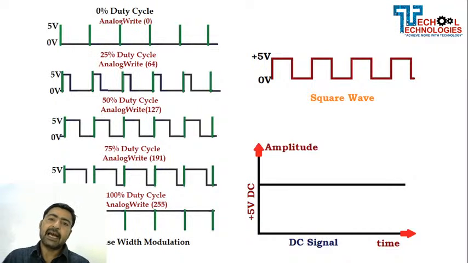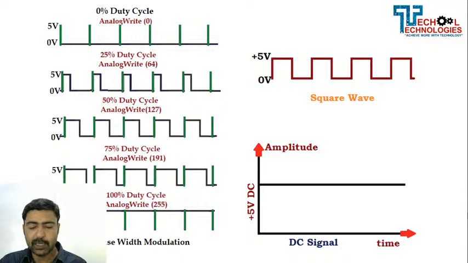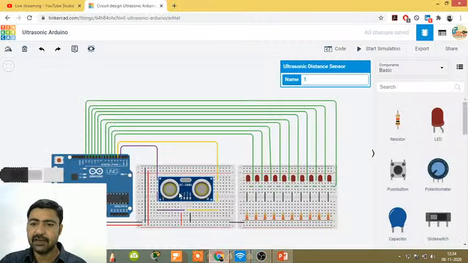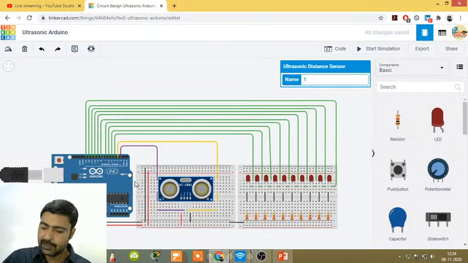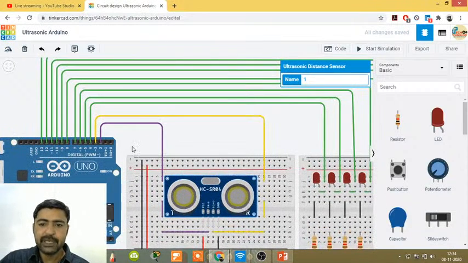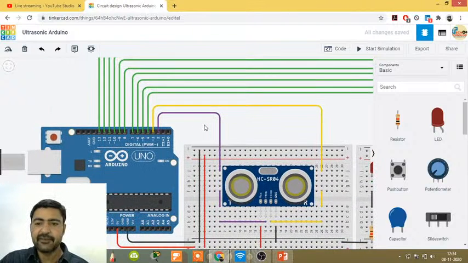Now from here I am telling you about pulse width modulation. When we were discussing in our previous session, I told you that in our Arduino we have pins starting from 0 to 13, and pins 3, 5, 6, 9, 10 and 11 can be used as analog output pins.